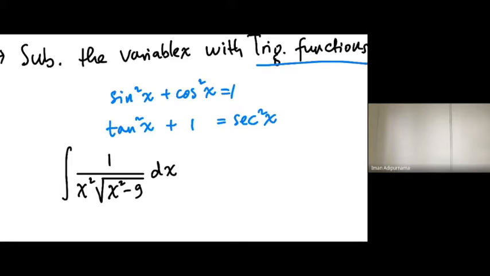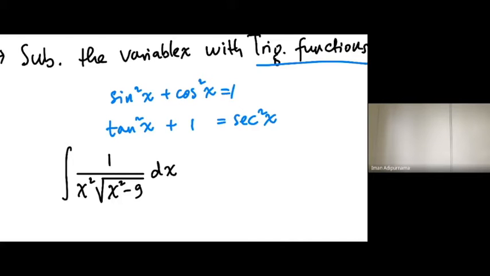If you see from our identities, sine squared plus cos squared is 1, and tangent squared plus 1 is secant squared. In particular, below the square root, we have x squared minus a constant. So we need to substitute x with trigonometric functions, and then we need to simplify the form in another variable. So for example, if you have x squared minus 9, based on our two identities here, sine plus cos.